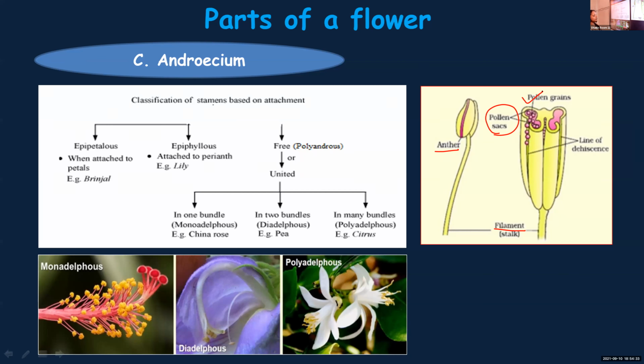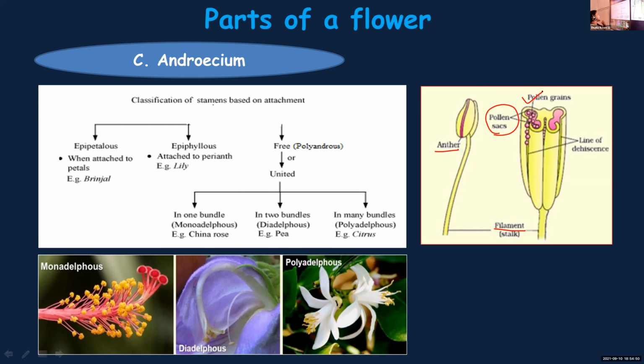Inside the anther you can find the pollen sac, and the pollen sac contains pollen grains, and each pollen grain has two male gametes.